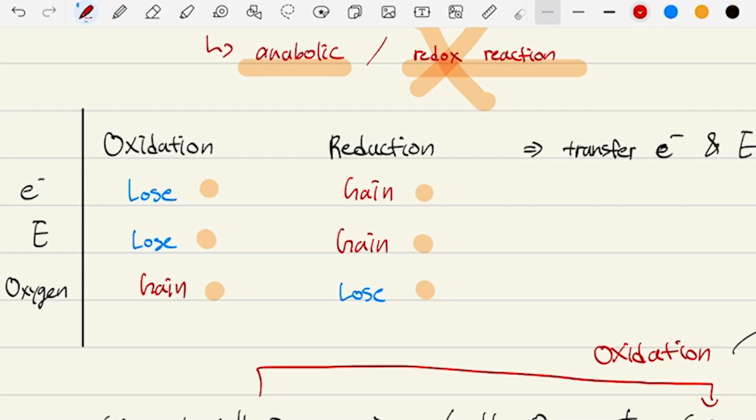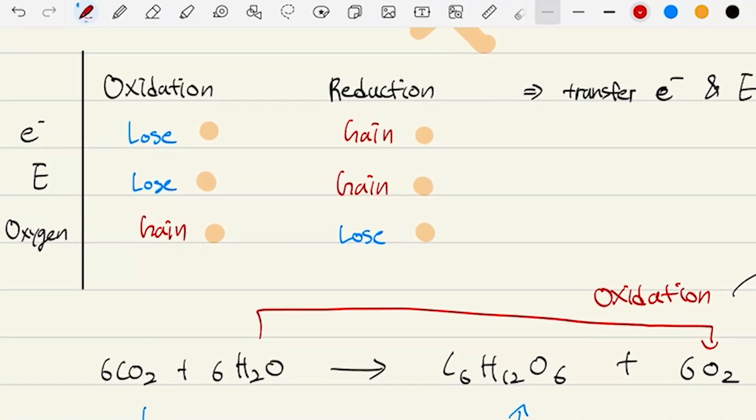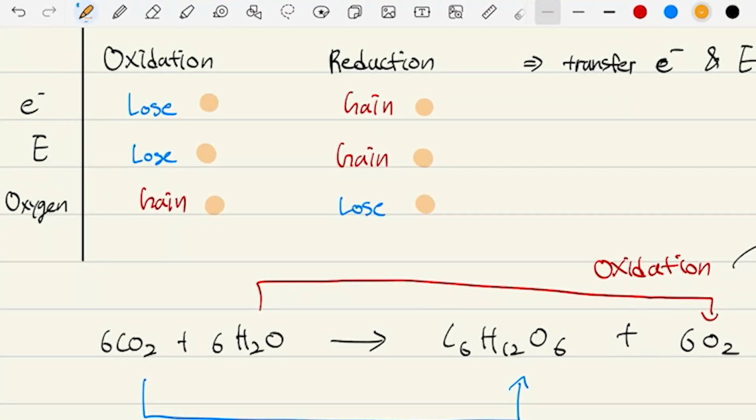There's also additional information that you guys have to know: when oxidation happens, a hydrogen atom is lost, and during reduction, the molecule gains the hydrogen atom.